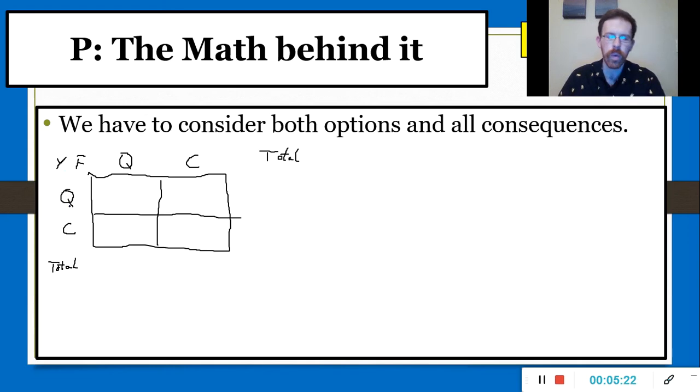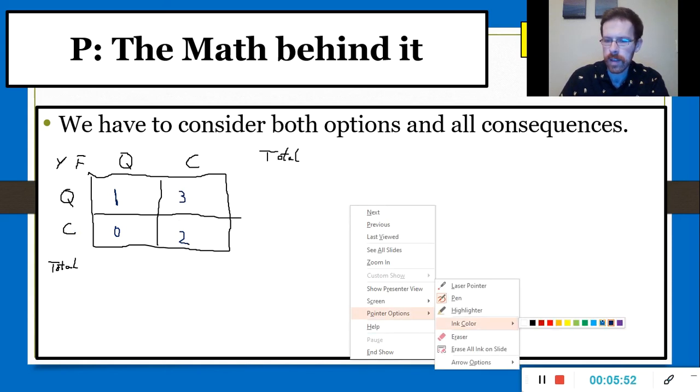If you stay quiet and they stay quiet, both get 1. If you stay quiet while they confess, you get 3. And if you confess and they confess, you both get 2.